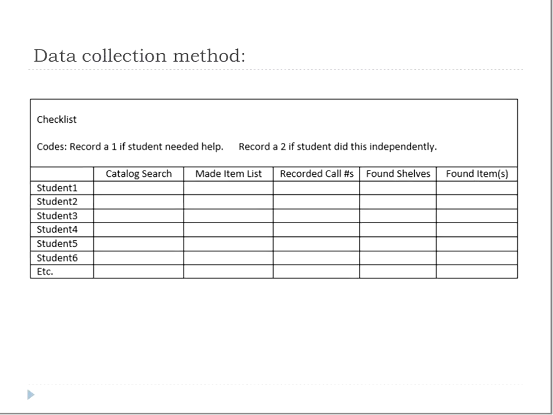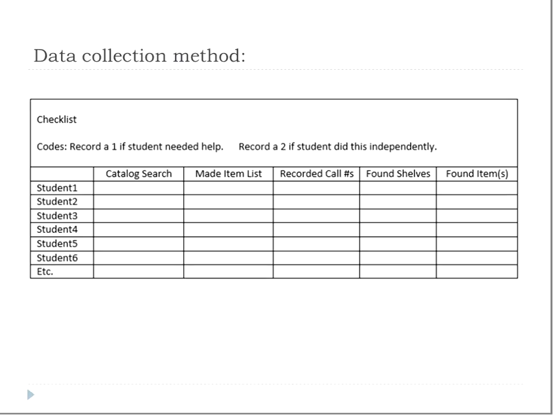And again, you're computing scores here. You would record a 1 if a student needed help, record a 2 if a student did this independently, and then you add up those scores. The group that showed the most independence is going to have the higher score because you recorded a 2 there.